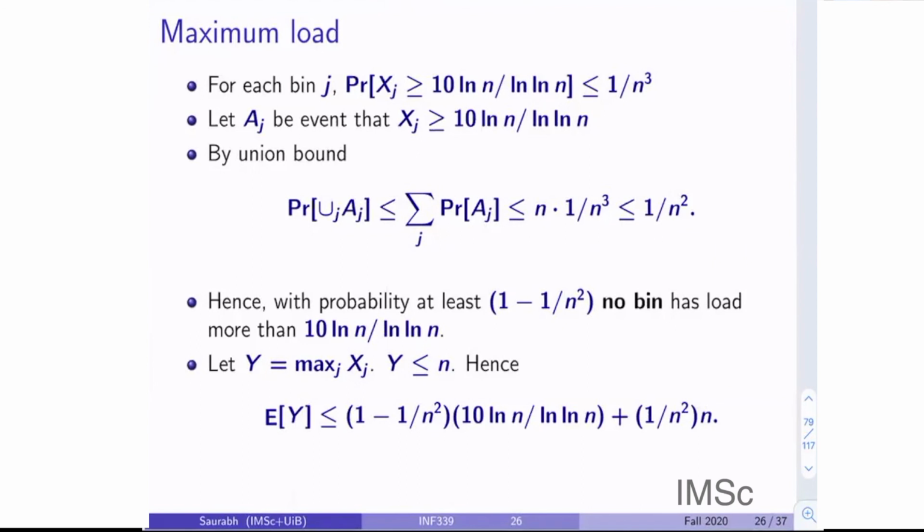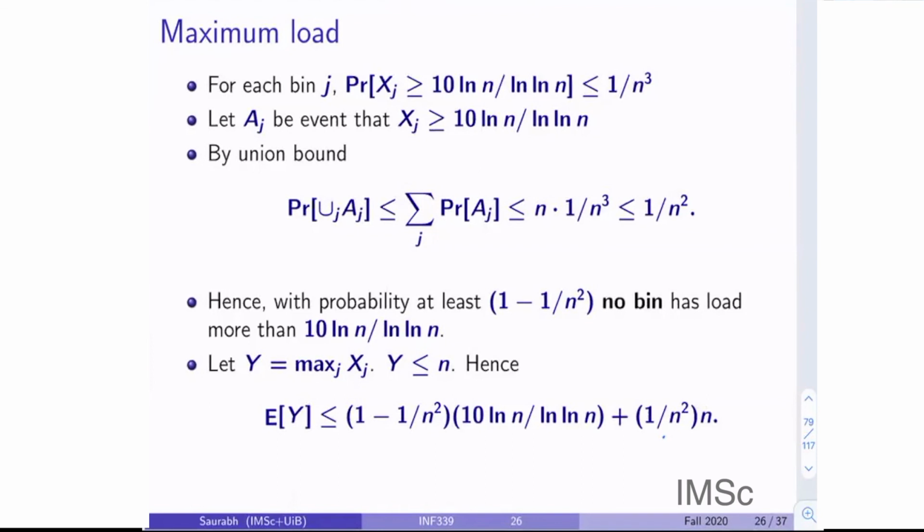If you put a worse bound here, you have to put a better bound there, which is good for you. The worst case is that this quantity doesn't even exist, and in that case you still have 10 ln n / ln ln n. So this is your bound, and Y takes the value n with probability 1 over n squared.